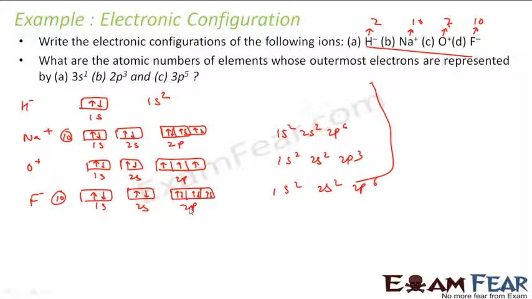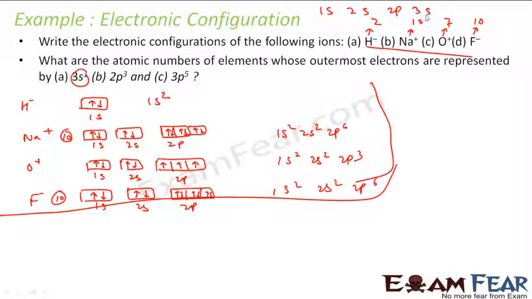Second question is, what is the atomic number of the element whose outermost electron is represented by 3s1? Please note, if the outermost is 3s1, that means the electronic configuration will be something like this. I'll write, see, 1s is the lowest energy, then I have 2s, then 2p, then 3s, like this, it goes up.